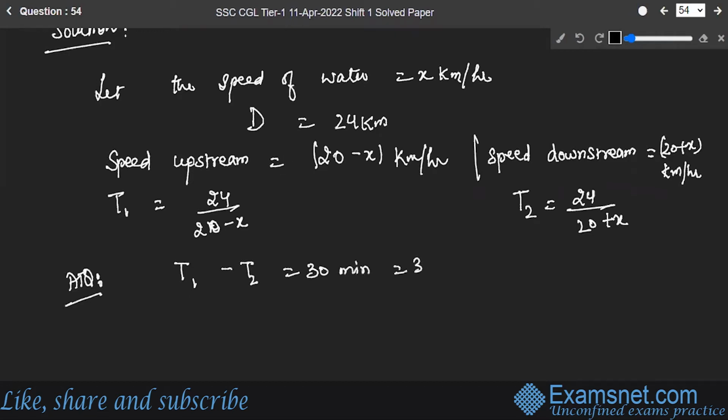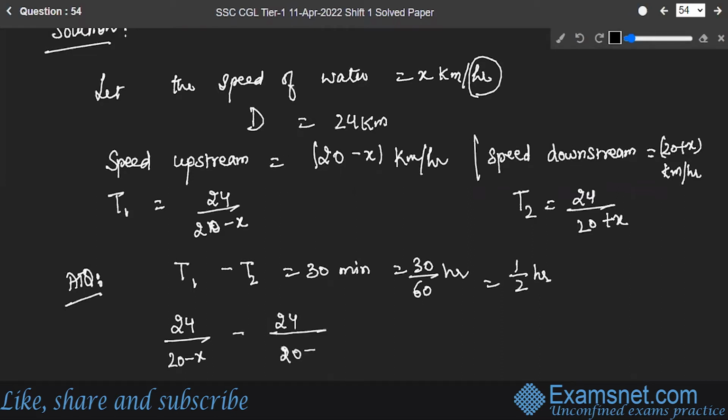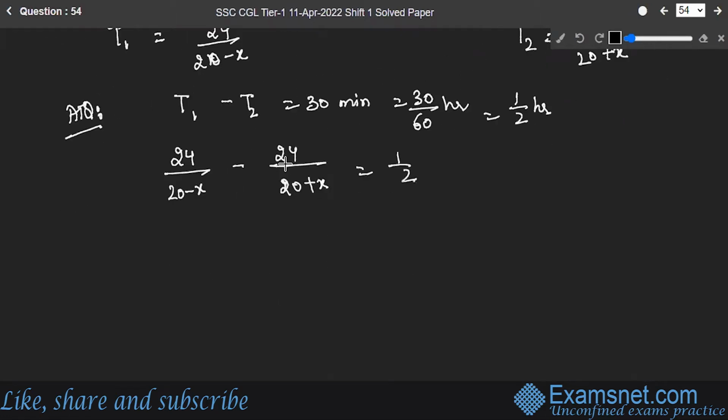I'll have to change this minutes into hours. Why? Because the speed is given in hours. So it is 1 by 2 hour. T1 is 24 upon 20 minus x minus 24 upon 20 plus x is equal to 1 by 2.